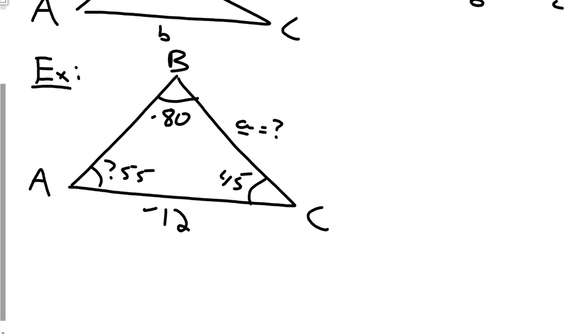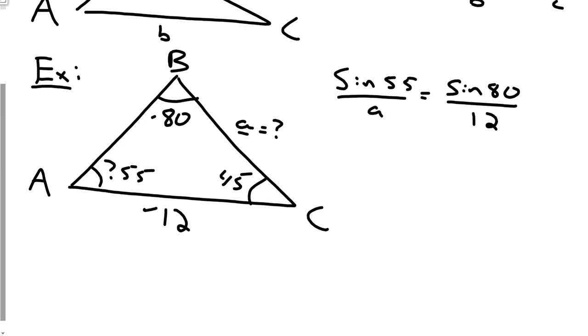Okay. So you would set this up over 12. Cross multiply and divide.